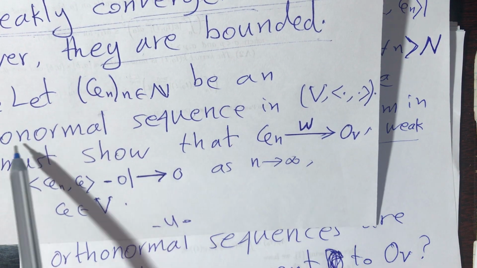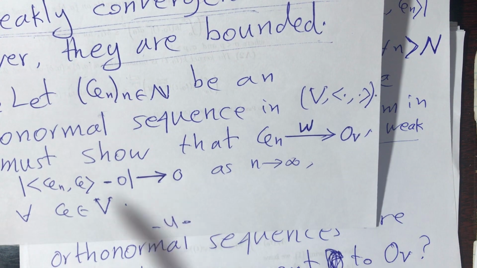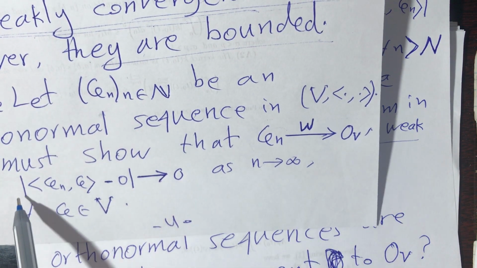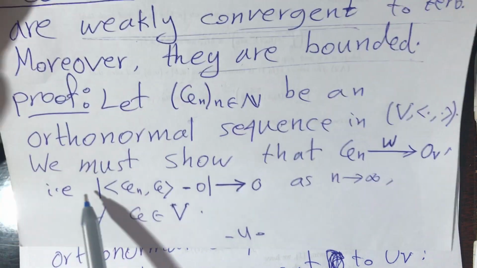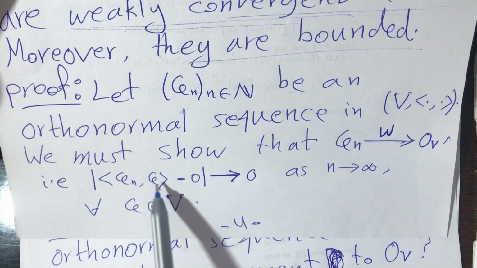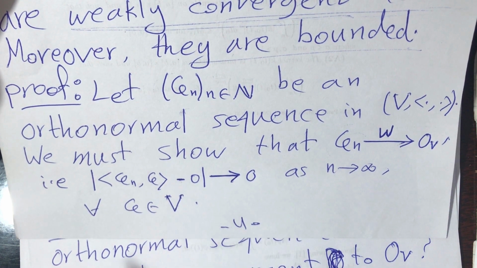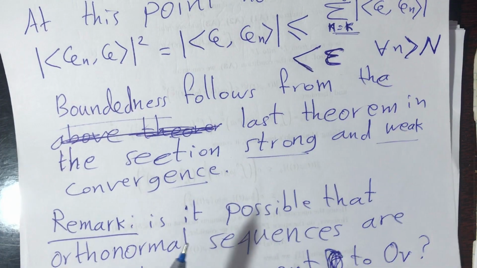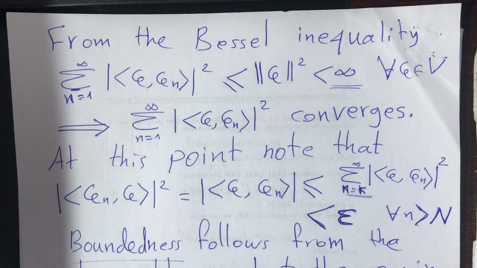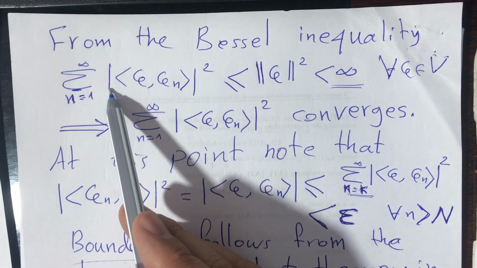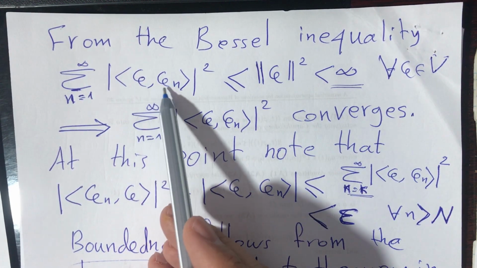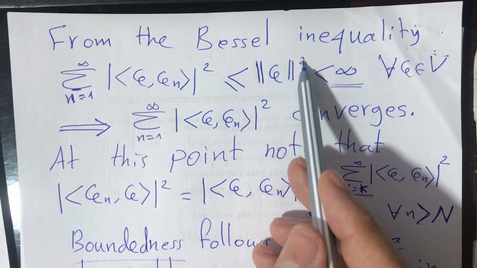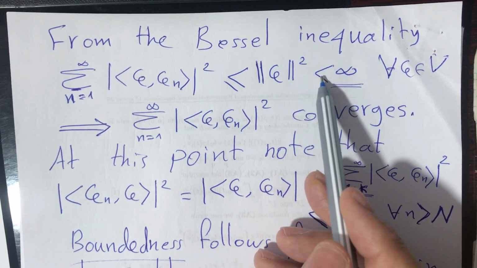Let phi n be an orthonormal sequence in the inner product space V. We must show that phi n converges weakly, which means that the inner product of phi n and phi minus 0 converges to 0 as n goes to infinity for all phi in V. We get this from the Bessel inequality: the summation from n equals 1 to infinity of the inner product of phi n and phi, squared, is less than or equal to the norm of phi squared, which is less than infinity.